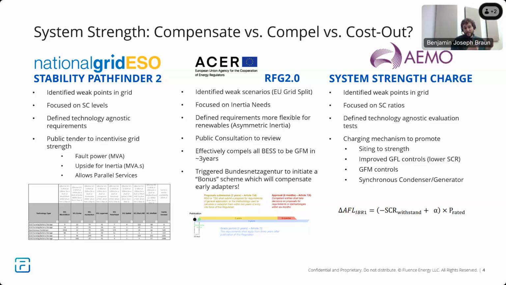In between, we already see an inertia shortfall, so if you are ready today or in the near future to provide that, we're going to put together a scheme where you can actually get compensated for it.